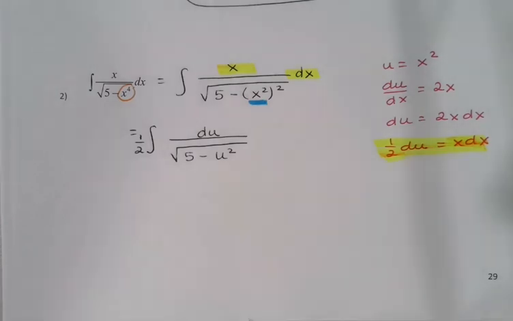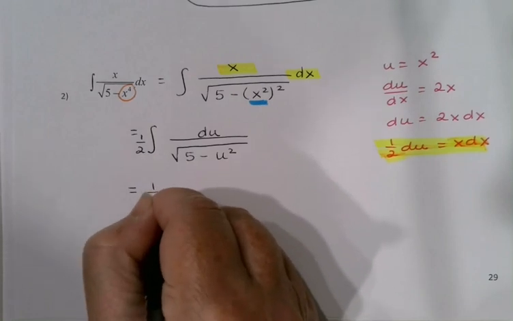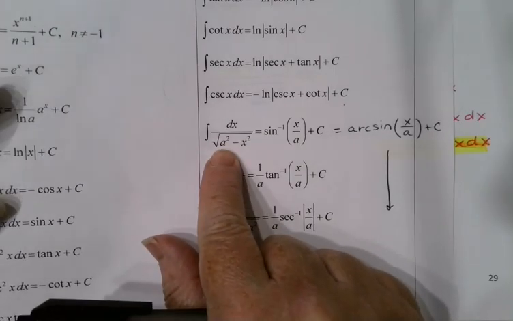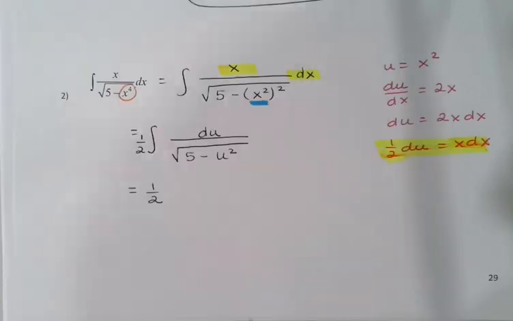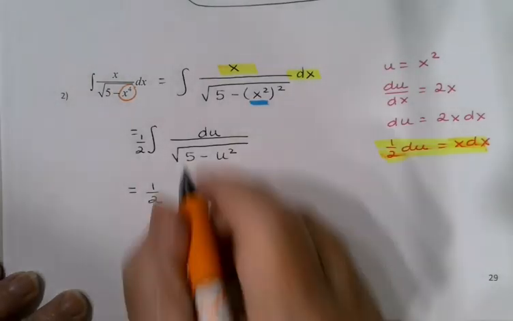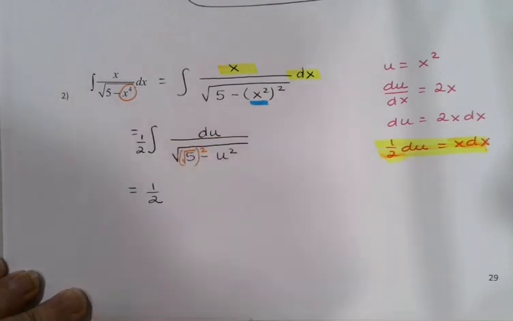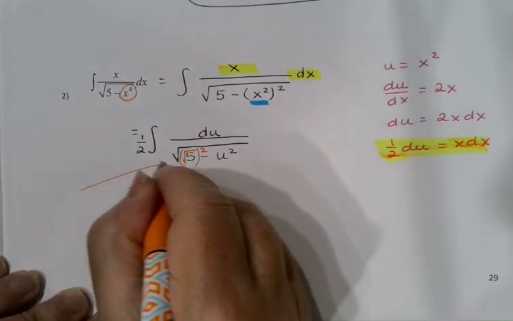And this is now a pretty darn good match for that arcsine integral. Got the 1/2. And then remember, under the radical, I was supposed to have a squared minus x squared. I can fix that pretty easily just by making that 5 the square root of 5 squared. So my a is actually the square root of 5.